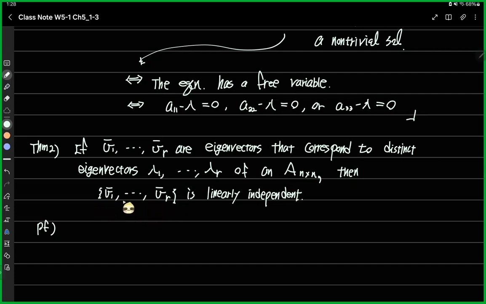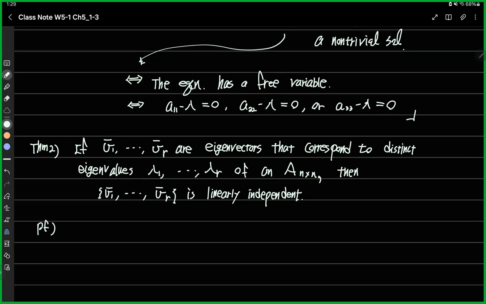Anyway, we can clearly see that this is linearly independent, because these are eigenvectors corresponding to distinct eigenvalues. Otherwise we could express an eigenvector as a linear combination of other eigenvectors. I mean, lambda 1 to lambda r are distinct eigenvalues, sorry.